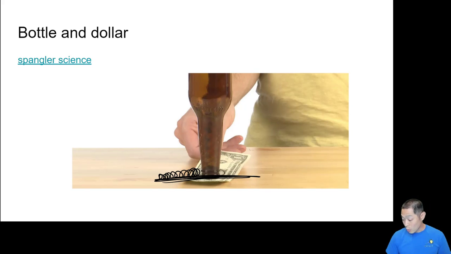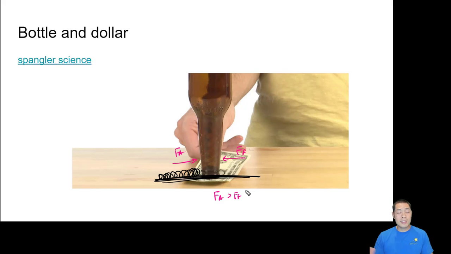The reason this works compared to the other one is now you're pushing it this way, force applied, and you get force of friction this way. Force applied is technically bigger than force of friction, but not by very much. Since you do have semi-balanced forces, it's not going to tip over.